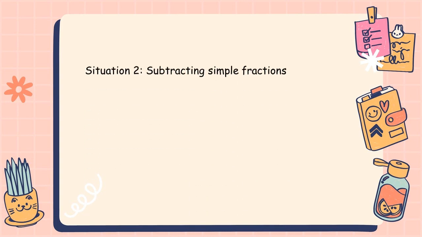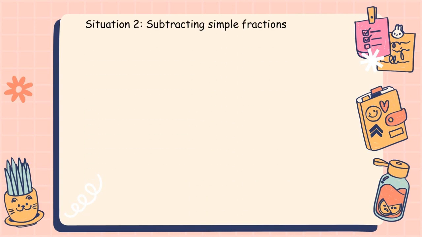Okay, so let's have example or situation number 2, wherein we are going to subtract simple fractions. So my example here is 3/4 minus 2/5 is equal to n. As you can see, this is a dissimilar fraction since they have different denominators. So how are we going to solve for this one? We are still going to find their LCD.